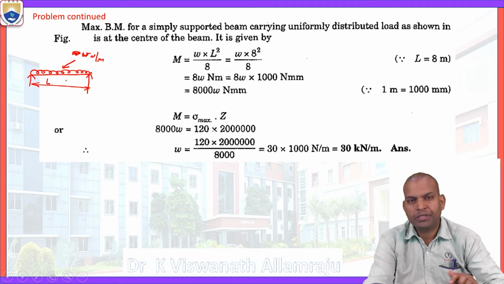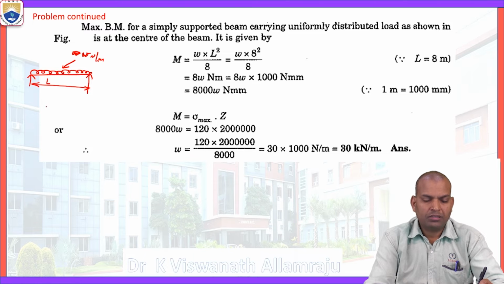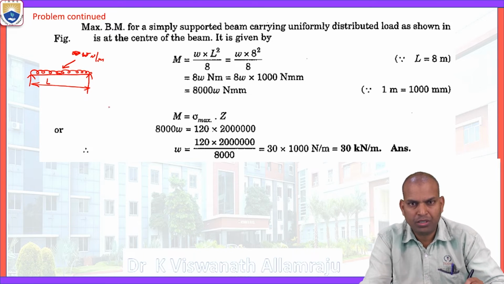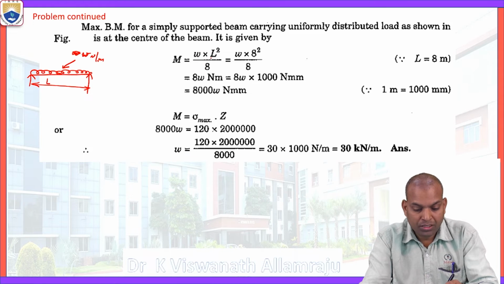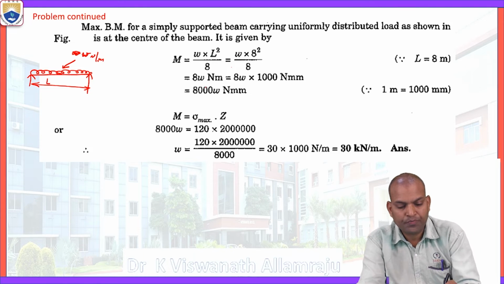The maximum bending moment occurs at the midpoint of the beam, that is w L square by 8. Substituting L equal to 8 meters, w into 8 square by 8, that is 8w.